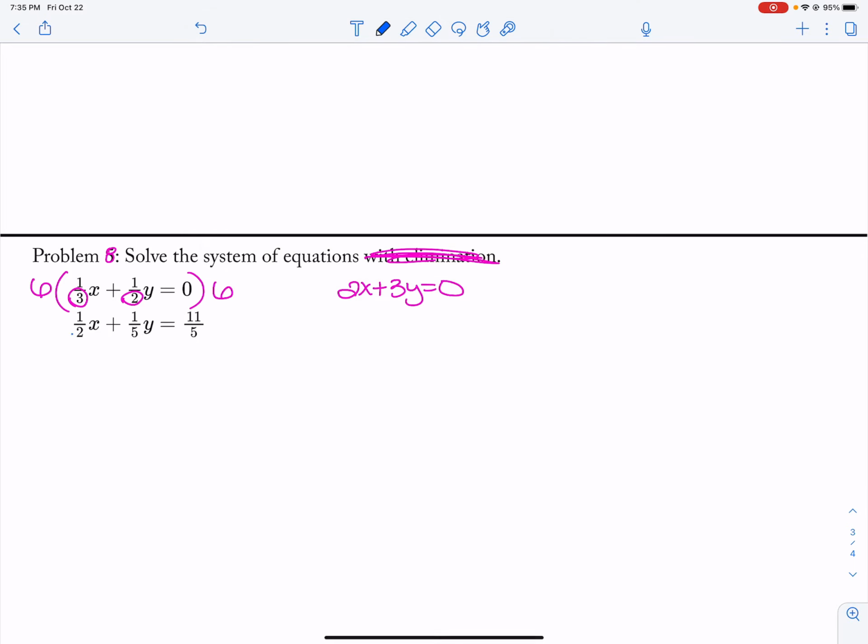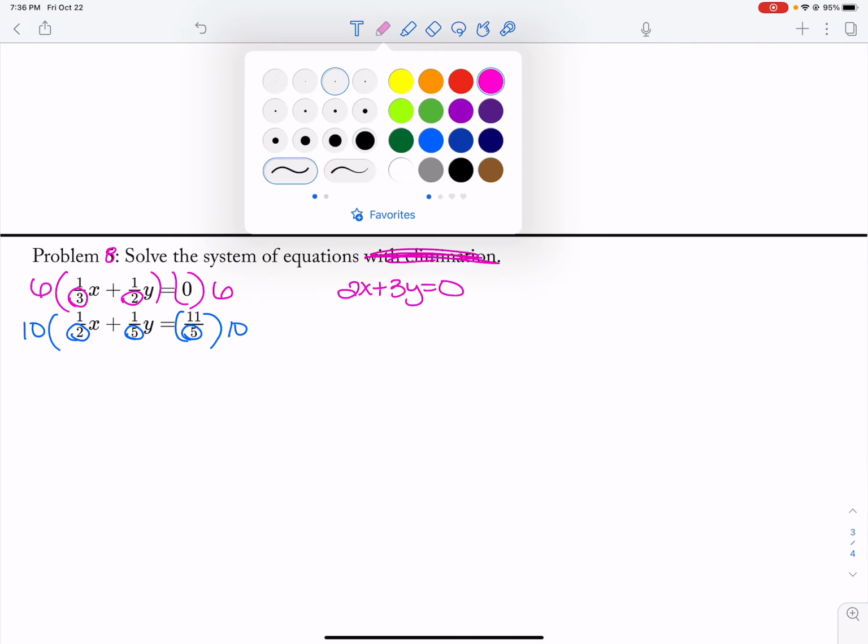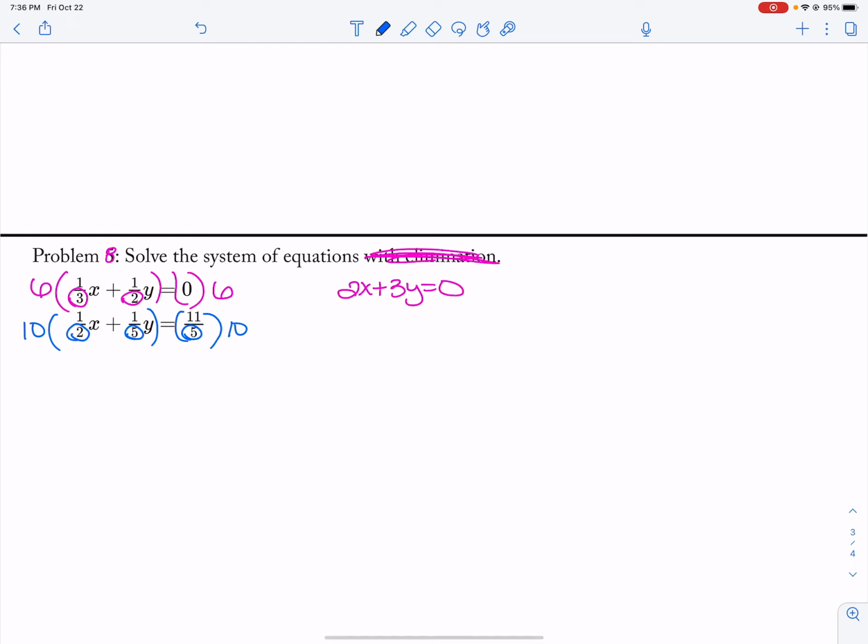Then I'm going to find the least common multiple of 2 and 5, which is 10, and multiply both sides of my equation by 10. That gives me 5x plus 2y is equal to 22. Sorry, I had to think about that for a second.